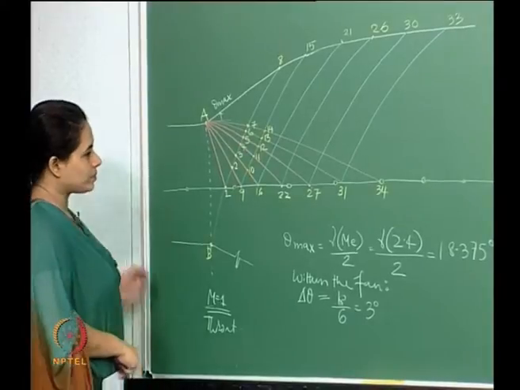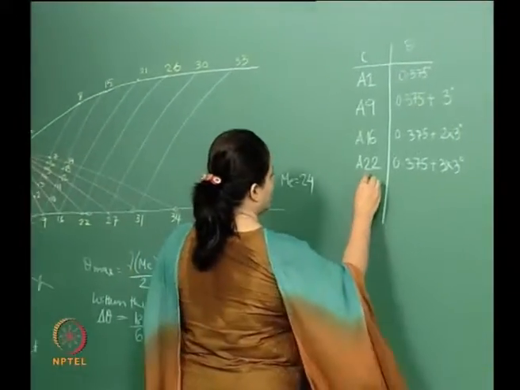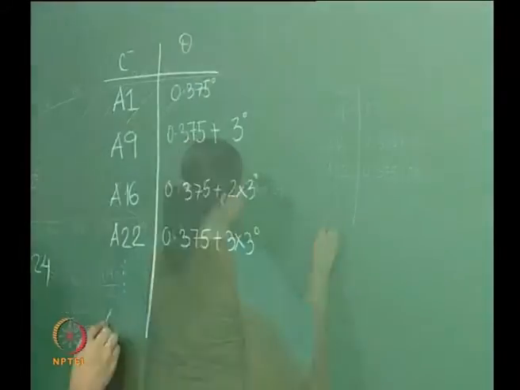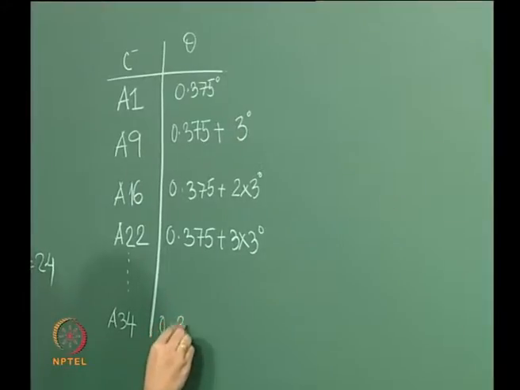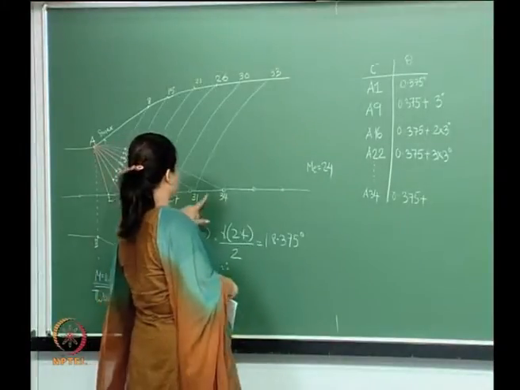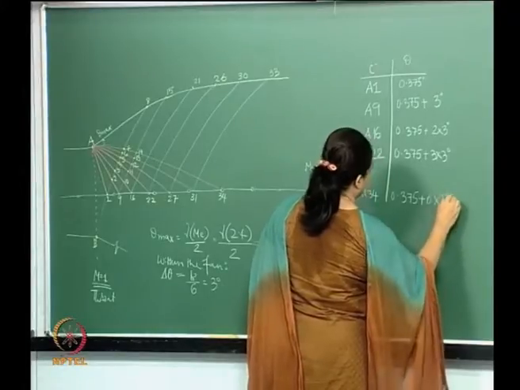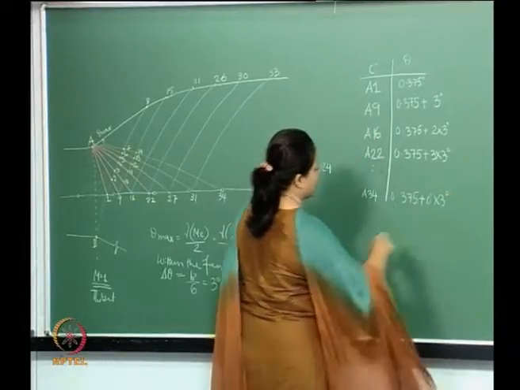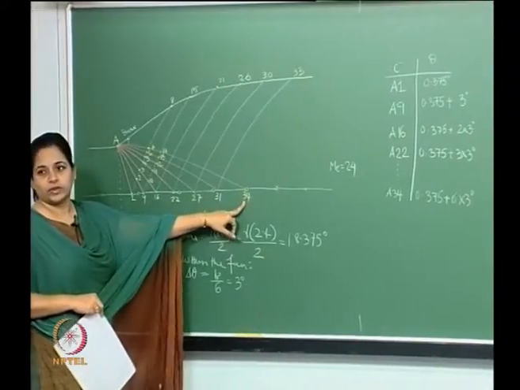So essentially, let's say A34, therefore this is 3, so 4, 5, 6. Right. And you can see this gives 18.375. So this is 18.375.